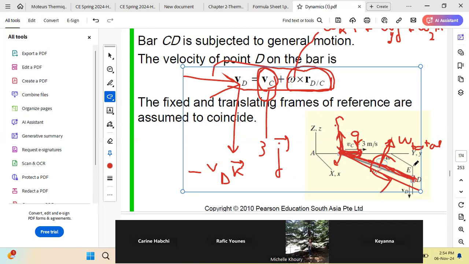No need to do this effort. You can just assume 3 components omega x, omega y, omega z, and then when you solve, if they are positive they are along the positive direction, if they are negative they are along the negative one.